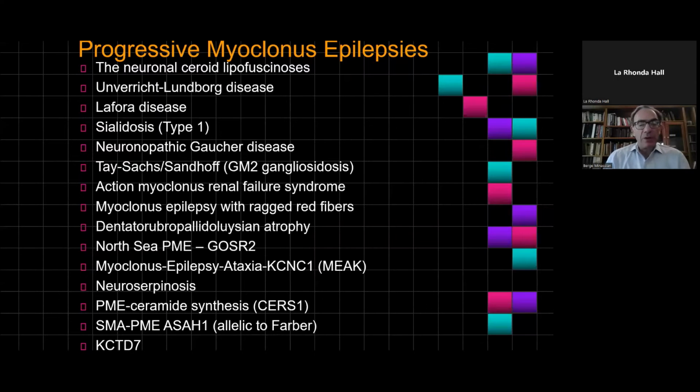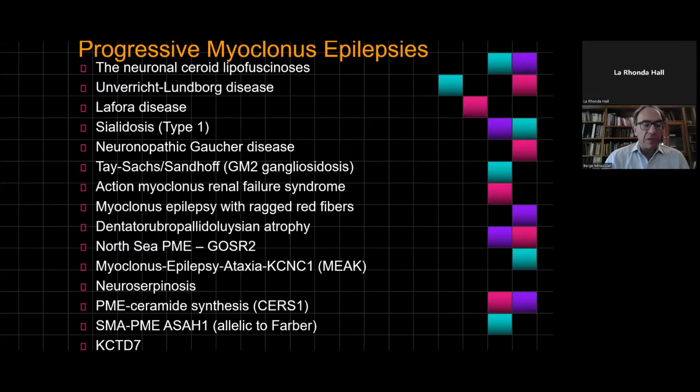Since we spoke about neurodegenerative diseases, let's go back to pediatrics and look at the childhood neurodegenerative diseases. For some reason, in childhood, neurodegenerative diseases frequently present with epilepsy, and they are called progressive myoclonus epilepsies. This is an incomplete list. I filled as much of the page as I could.